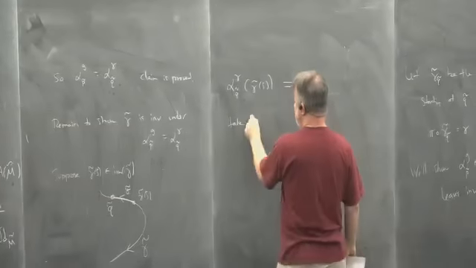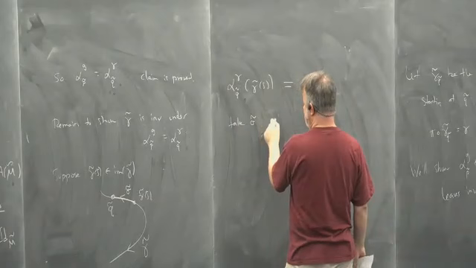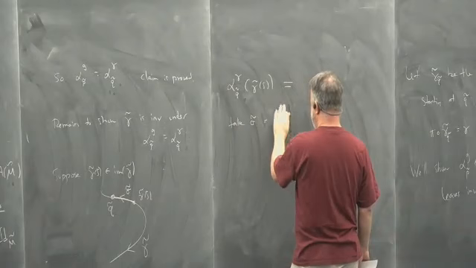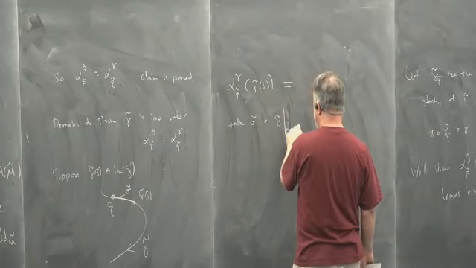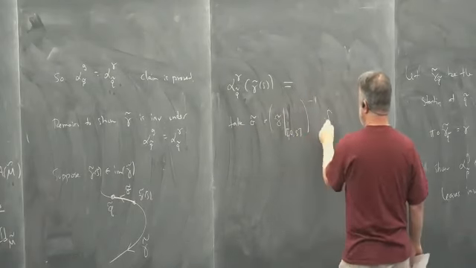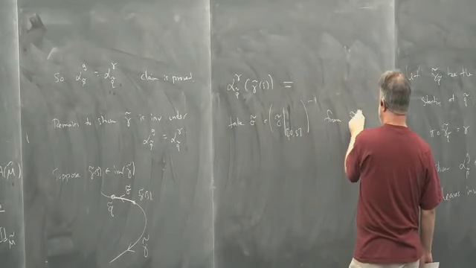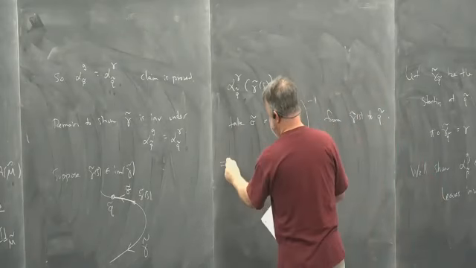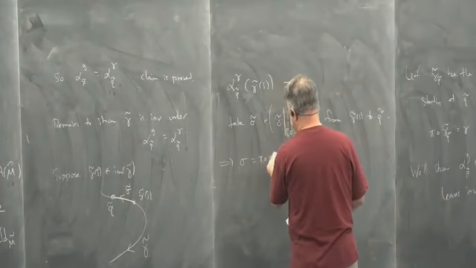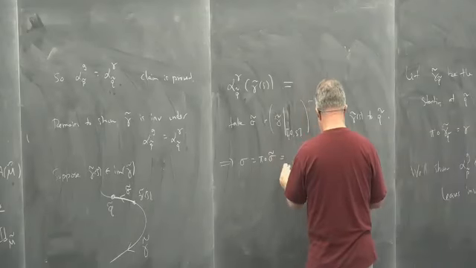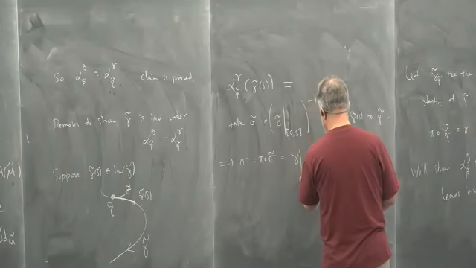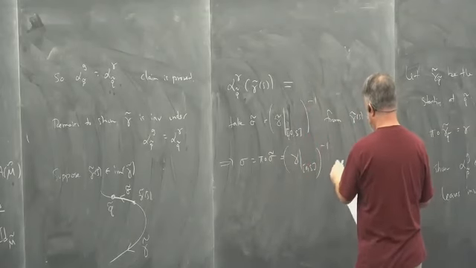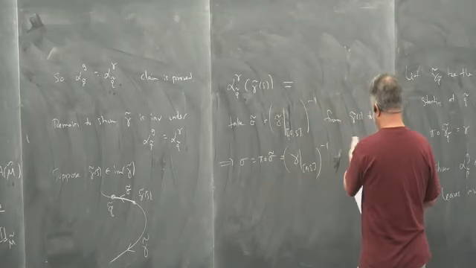Take sigma tilde to be gamma tilde restricted to 0s inverse, from gamma tilde s to Q tilde. And that means that sigma, which is pi composed with sigma tilde, is going to be gamma restricted to 0s inverse from gamma of s. I don't need to write that out.